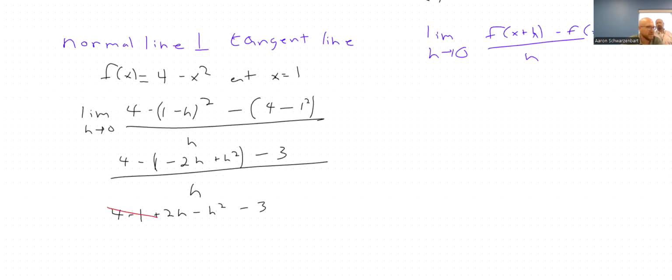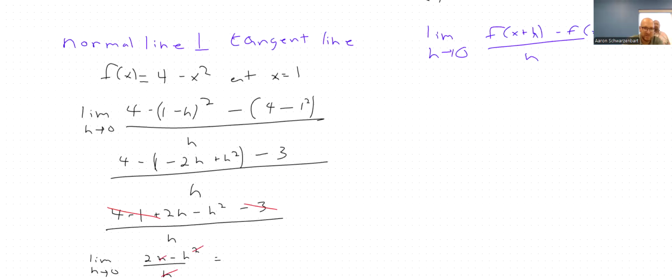And again, something like that should always cancel out, or you did something wrong. Over h, leaving me with the limit as h approaches 0 of 2h minus h squared over h. Now I have an h in every term, so I can cancel my h's. Must wait until I have an h in every term.